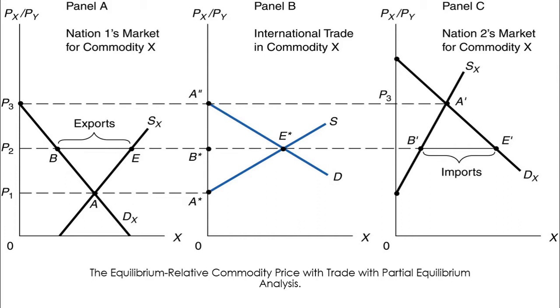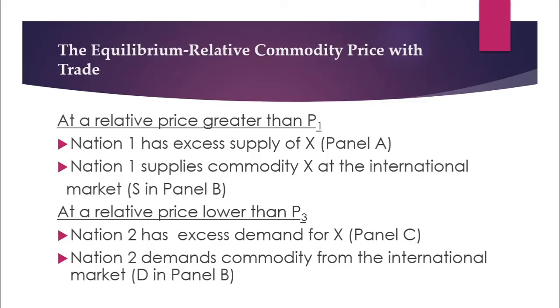So the equilibrium relative price with trade in the partial equilibrium analysis is shown in this diagram. As I have already mentioned, we found that at a relative price greater than P1, nation 1 has excess supply of X and nation 1 supplies commodity X at the international market.